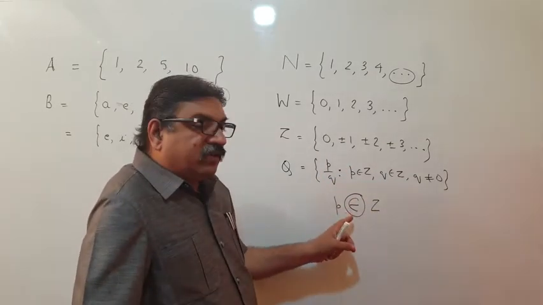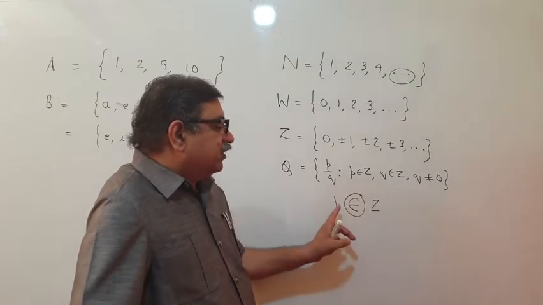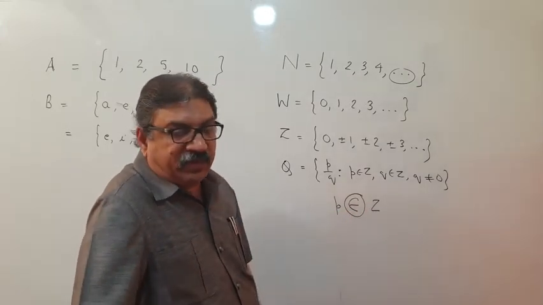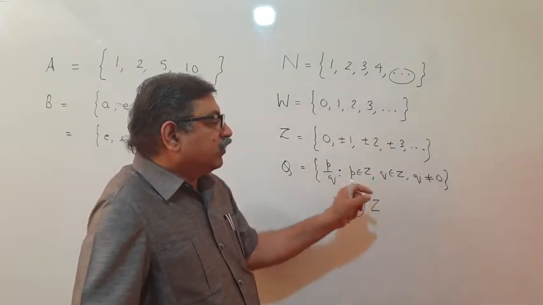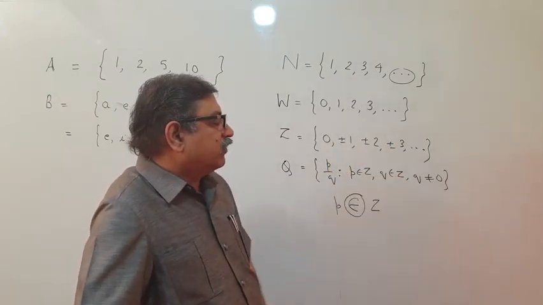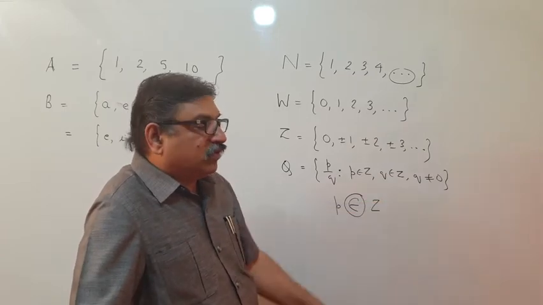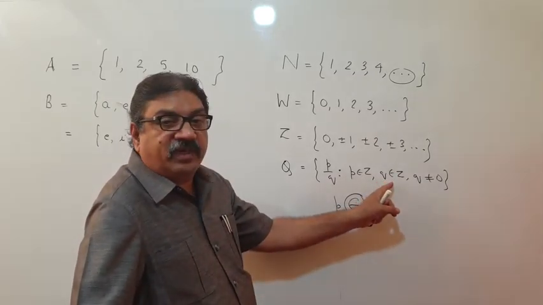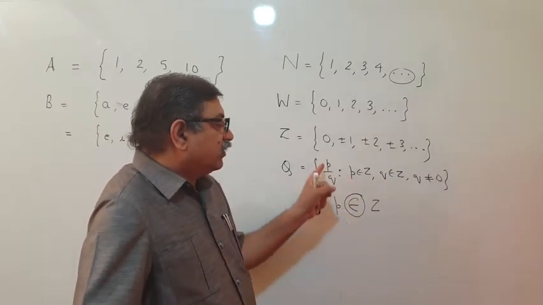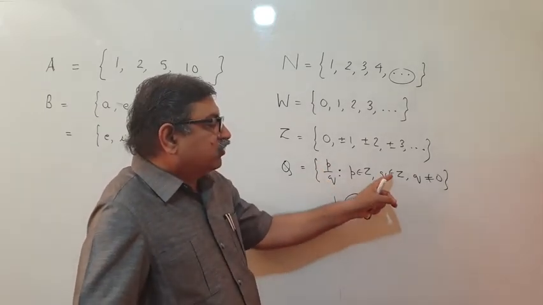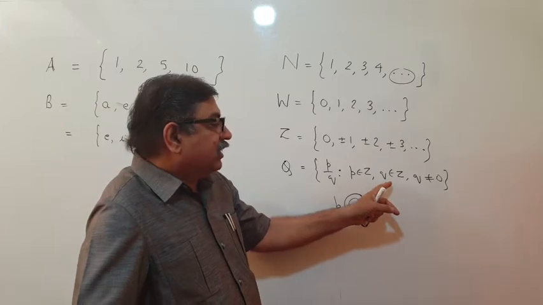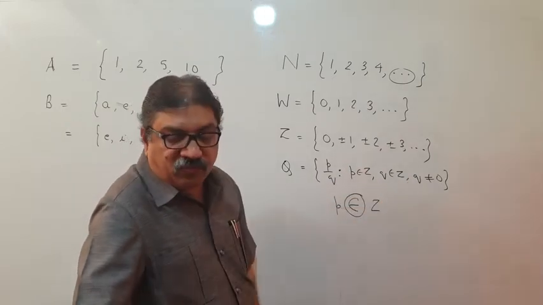P belongs to Z means p is a member of set Z. P is an element of the set of integers. So p has to come from here, q also has to come from here, but q should not be 0, because once I say q is a member of Z, that means q can be 0 also, but something upon 0 will be undefined. So we put one more rider that q can be from Z, but q cannot be 0.